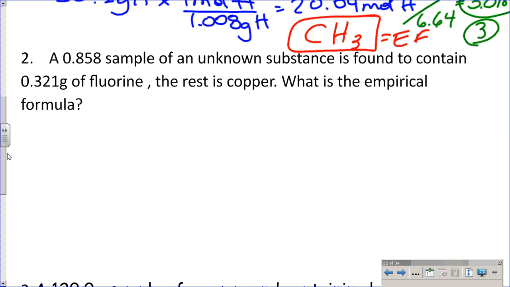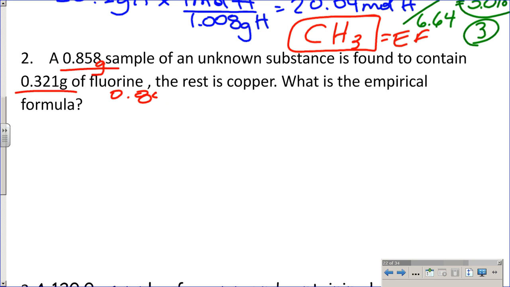The only reason we do a 100-gram sample with the percents is because you can't really start with a percent. You have to start with grams to get the moles. So this one, you're going to start with your two numbers, your two sample information pieces here. How much copper do we have there? You're just subtracting, right?